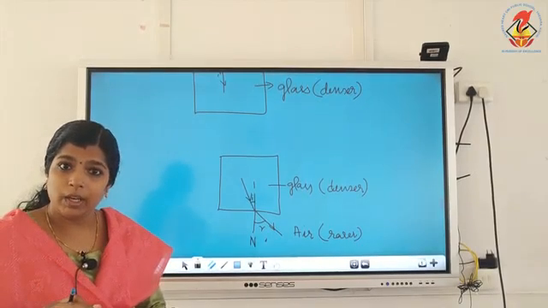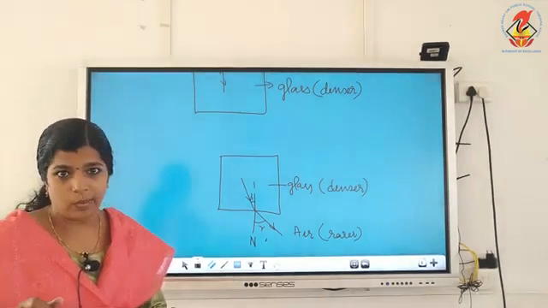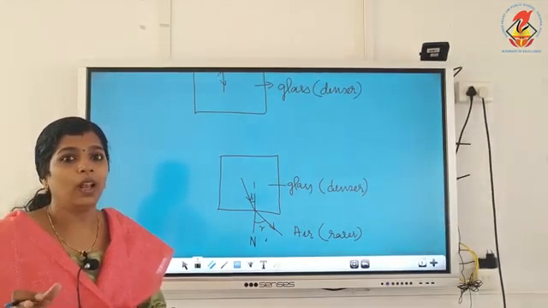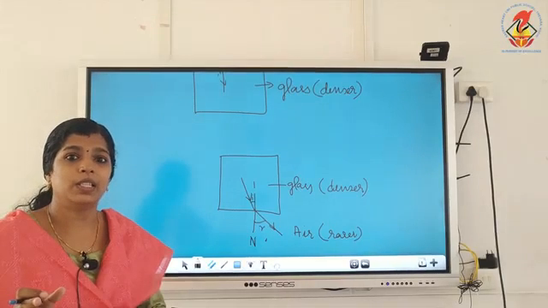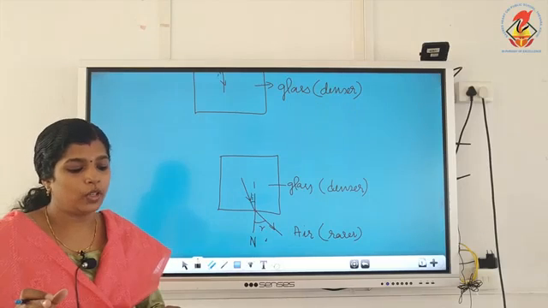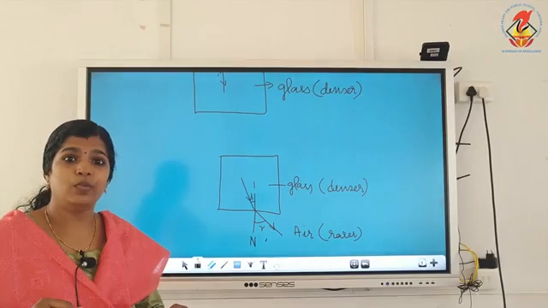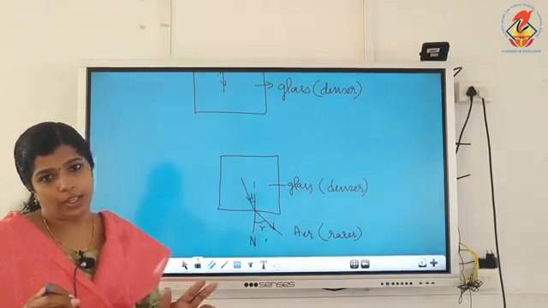In denser medium, the speed is less. When it enters a rarer medium, the speed of the light will increase and it will bend away from the normal. Here, the angle of refraction is greater than the angle of incidence.